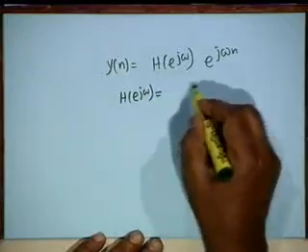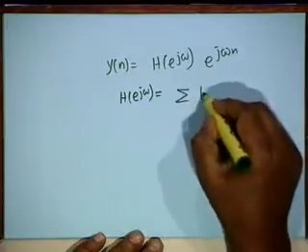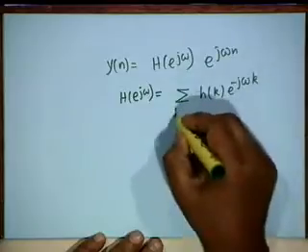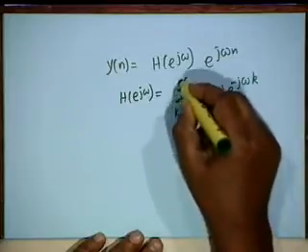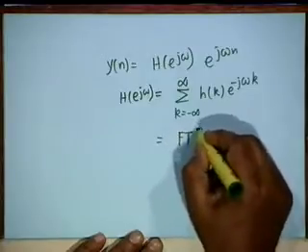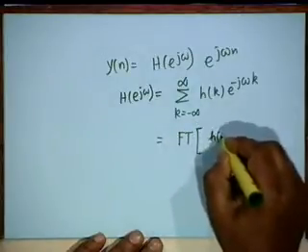You notice that capital H of e to the j omega is the summation of h k e to the minus j omega k, k going from minus infinity to plus infinity, which is simply the Fourier transform of h of n.